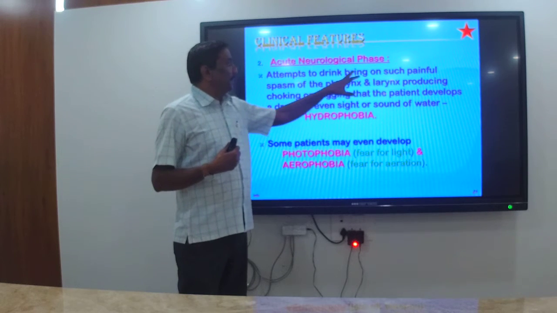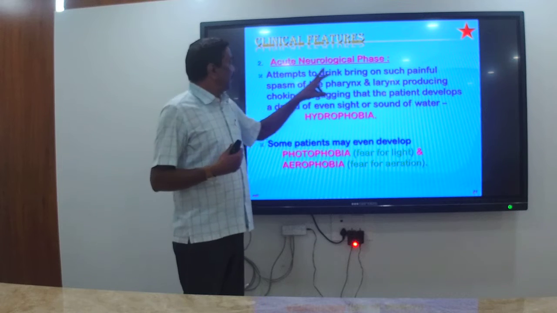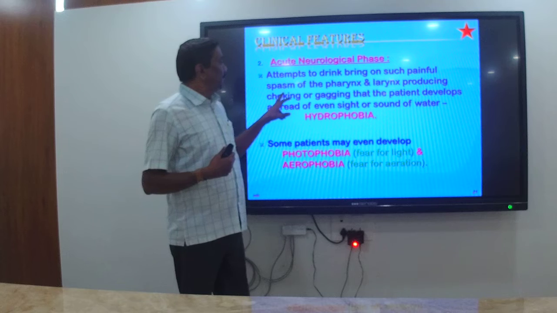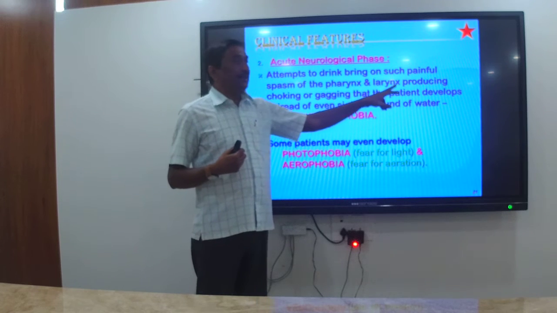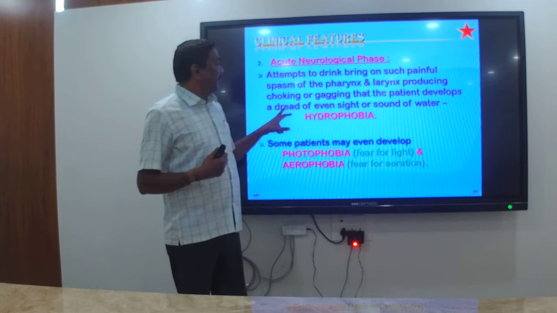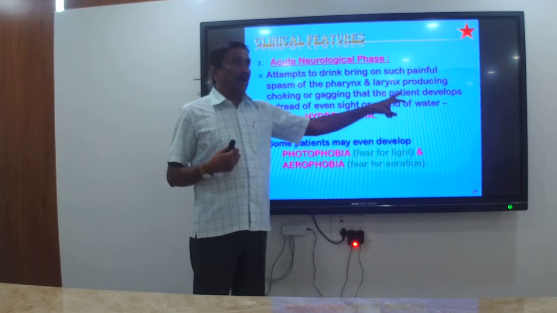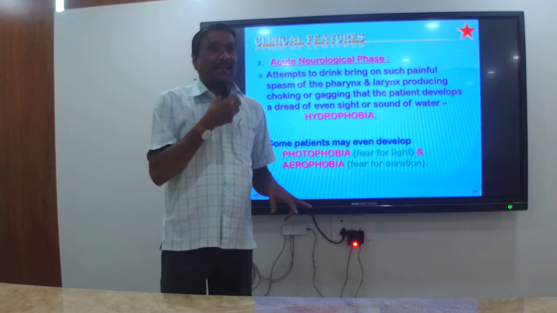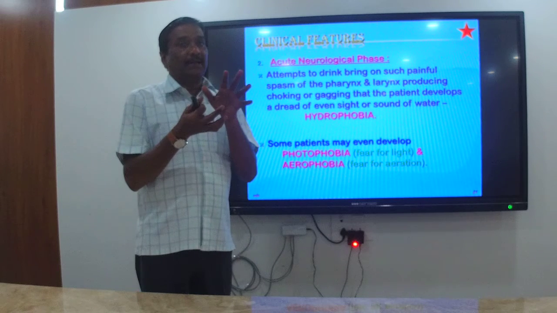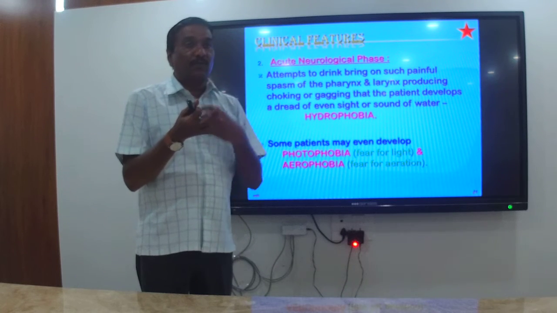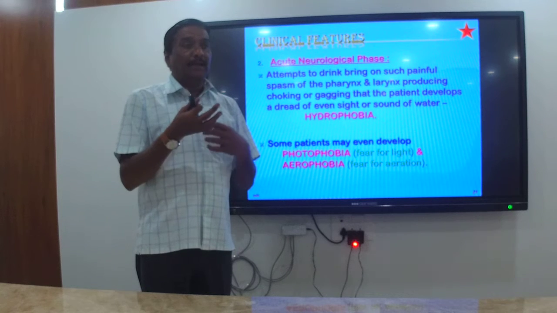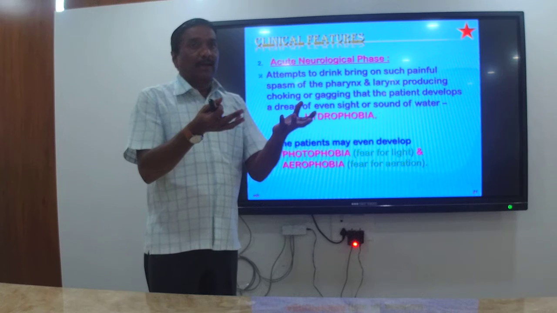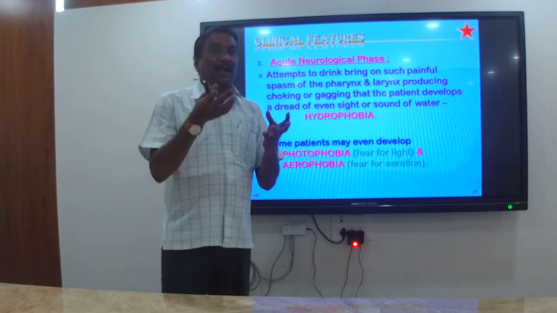An attempt to drink brings such a painful spasm of the pharynx and the larynx, producing choking and gagging, that the patient develops a dread for even the sight or sound of water. So there is choking in the pharynx and the larynx because of which the liquid does not flow downward, and immediately it is thrown out from the mouth. And that is the important feature which is called hydrophobia.